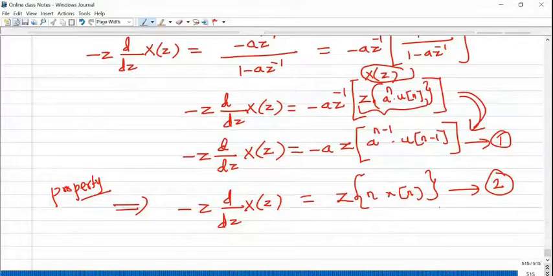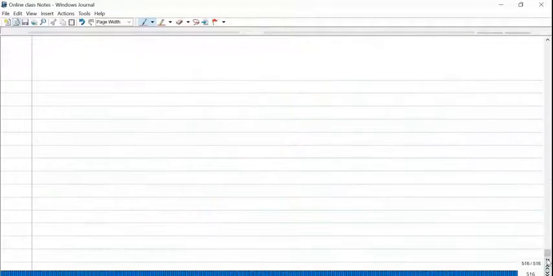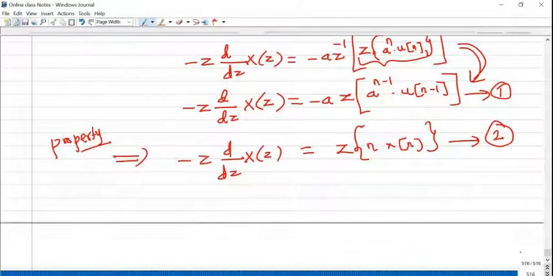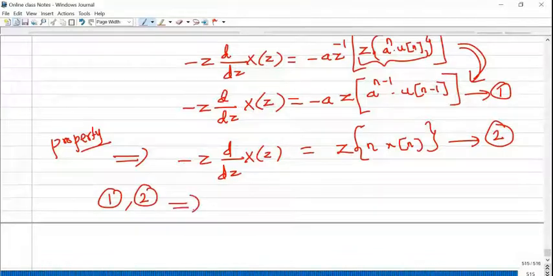As per the property, from equations 1 and 2, n into x of n is equal to minus a, which is a constant, times a power n minus 1 u of n minus 1.